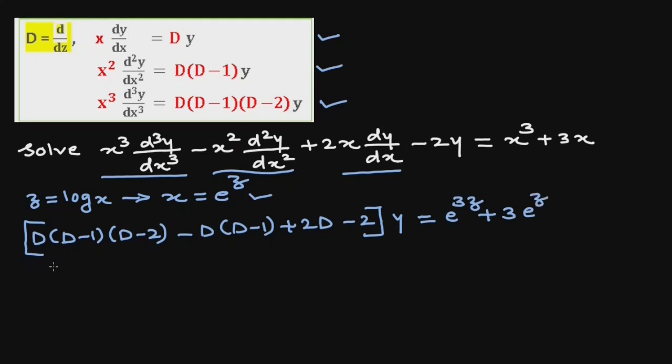After simplification, this will be D cube minus 4D square plus 5D minus 2y equals e raised to 3z plus 3 e raised to z.